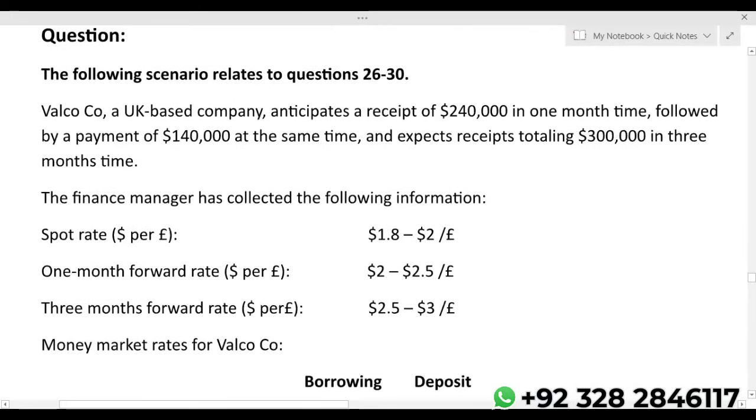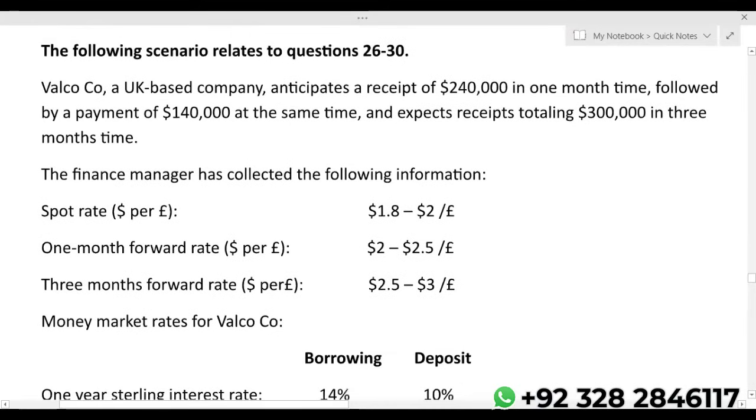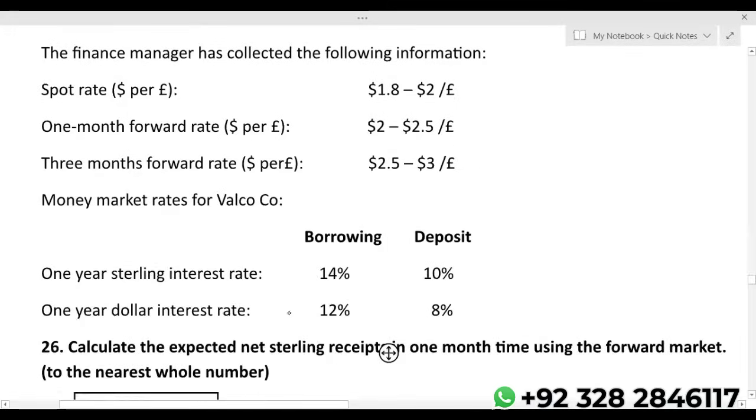Now, the next question. It is on Forex. Okay, let's try it together. I hope you have read it.